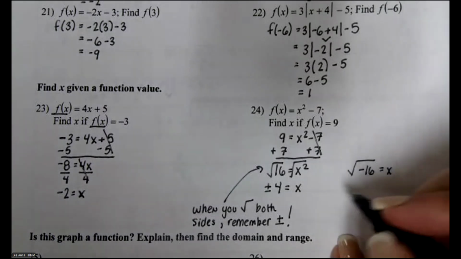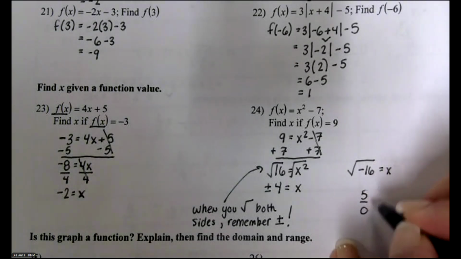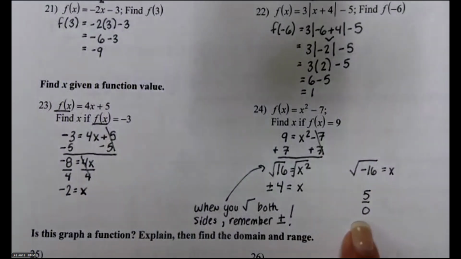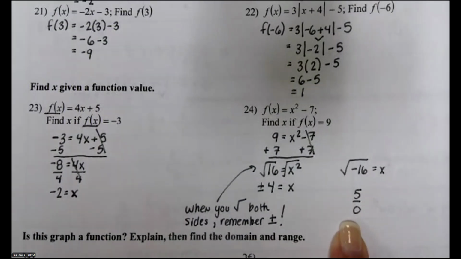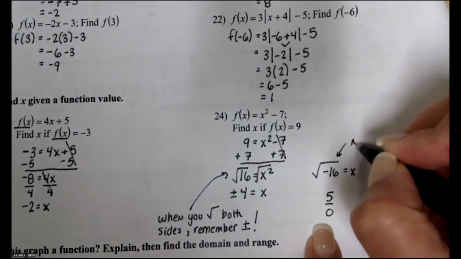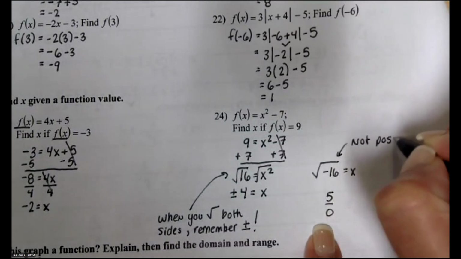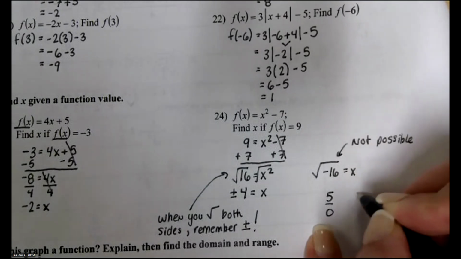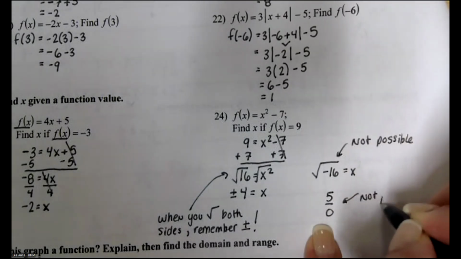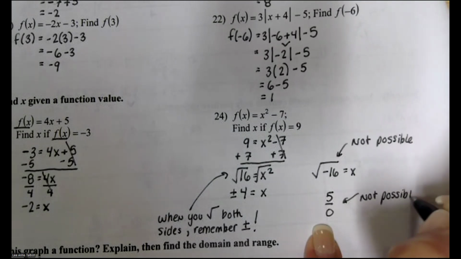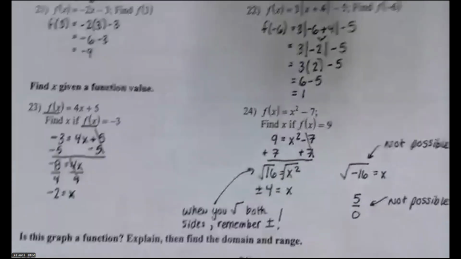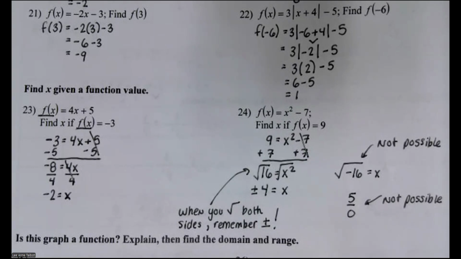Okay, what about this? Not possible. You can't divide by 0. Those are the two not possible situations that we've had so far.